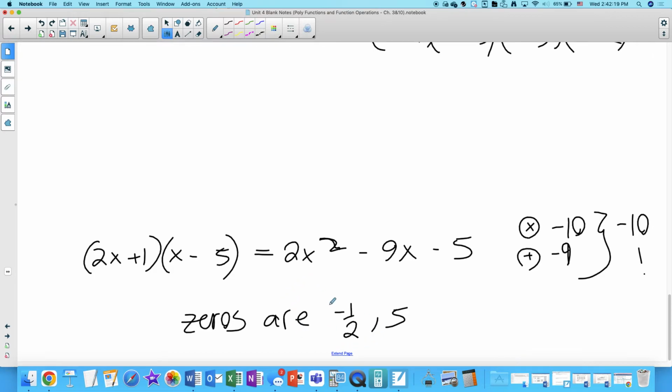The factors of the constant would be plus or minus 1 or plus or minus 5, over possibilities here of plus or minus 1 or plus or minus 2. So this -1/2 is -1 over 2.